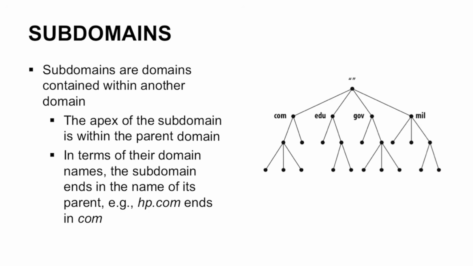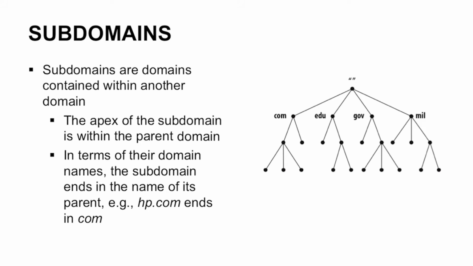There's a similar concept in DNS called a subdomain, which are domains contained within another domain. If you think back to the last section, where we talked about the similarities between the namespace and a file system, this is much like the relationship between directories and subdirectories. In this case, the apex, or the top of the subdomain, is within its parent domain.